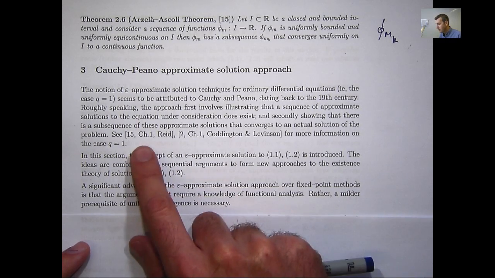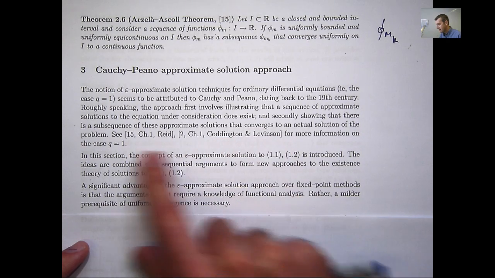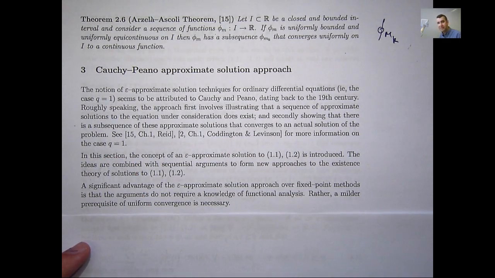Now, if you're looking for more, there are two excellent books by Reed and Coddington and Levinson where they discuss the case Q equals 1. So I believe that the results in this section are new for Q not equal to 1. Even when Q, for example, is 2 or 3, I believe the results I'm going to show you are new, even for those special cases.